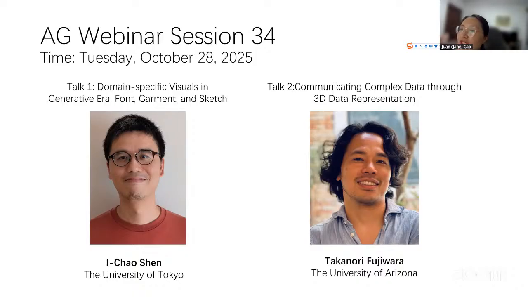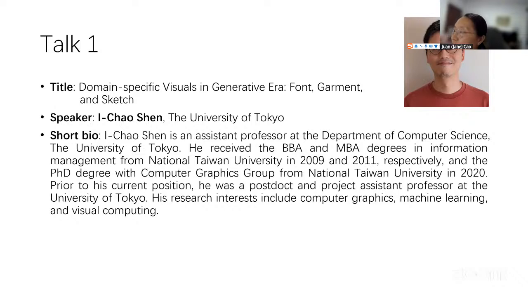Now let me first introduce our first speaker. Dr. Chao Shen is now an assistant professor at the Department of Computer Science, the University of Tokyo. Dr. Shen received his PhD from National Taiwan University and previously worked as a doctoral and project assistant professor at the University of Tokyo.